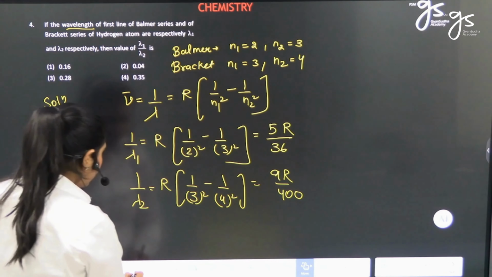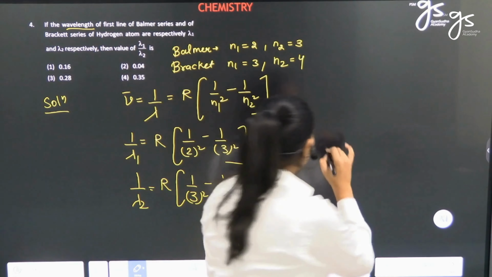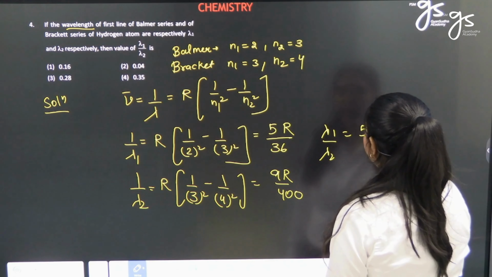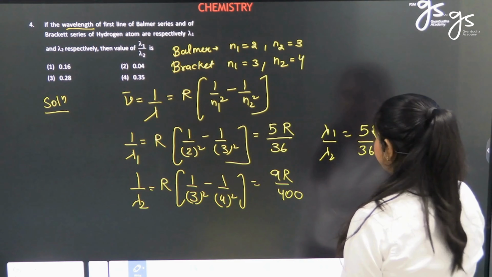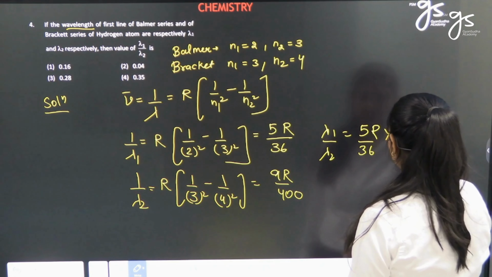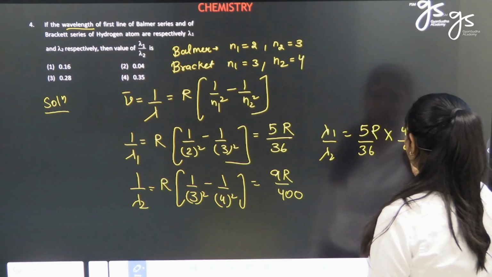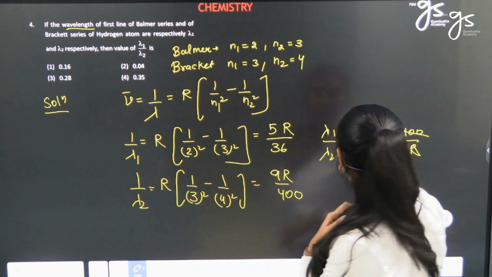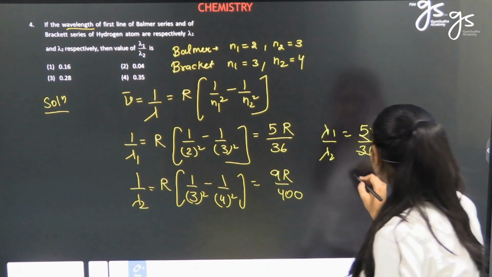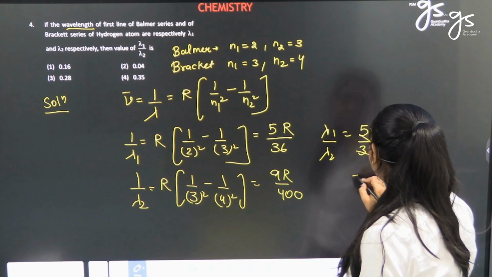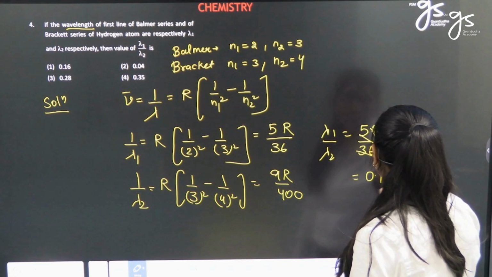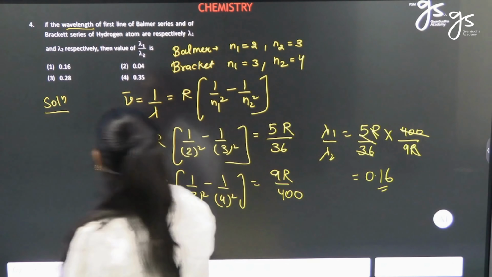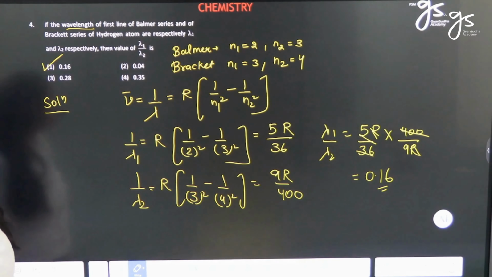As we want the ratio of lambda 1 by lambda 2, we can write it like this. After solving, we get the value of the ratio as 0.16 as the answer. So we can say that our option number first is the correct option.